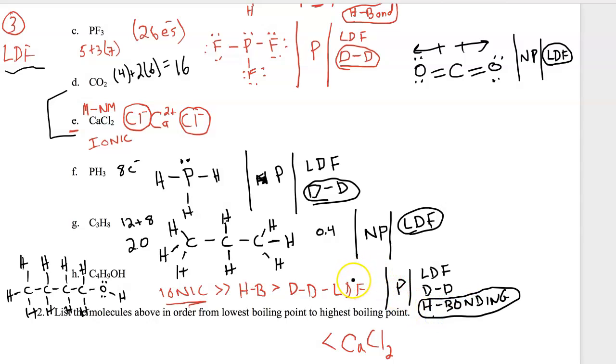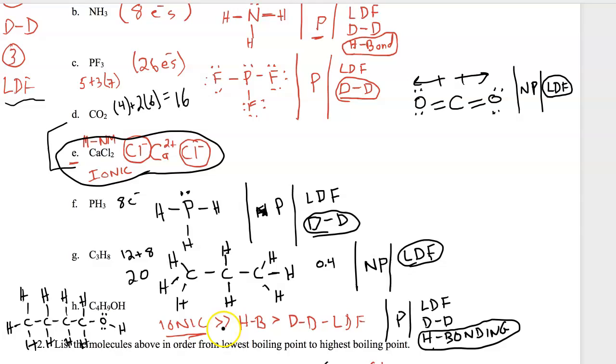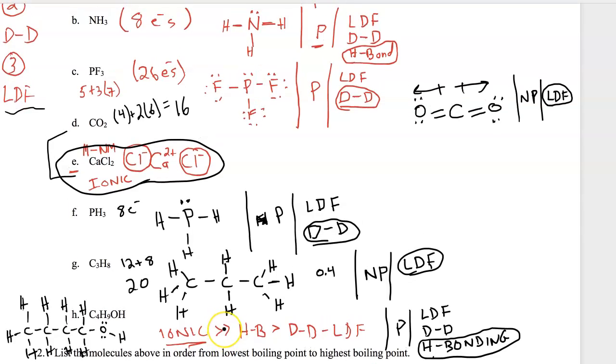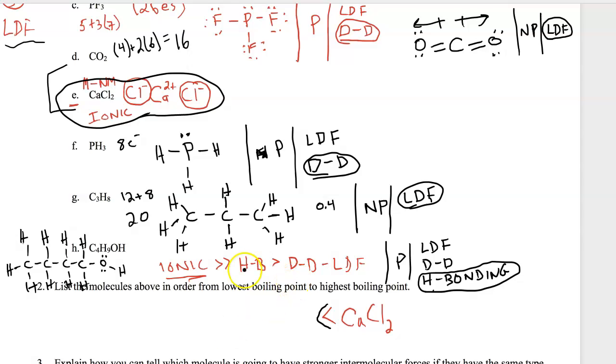So now we have to decide, well, what order do these go in? Well, anything with hydrogen bonding is going to be pretty high boiling point, but we said way above the other intermolecular forces is the ionic, so CaCl2 is the most. There are two molecules on here that can hydrogen bond, and because C4H9OH is a bigger molecule, it has hydrogen bonding, and also bigger molecules have more London dispersion forces.